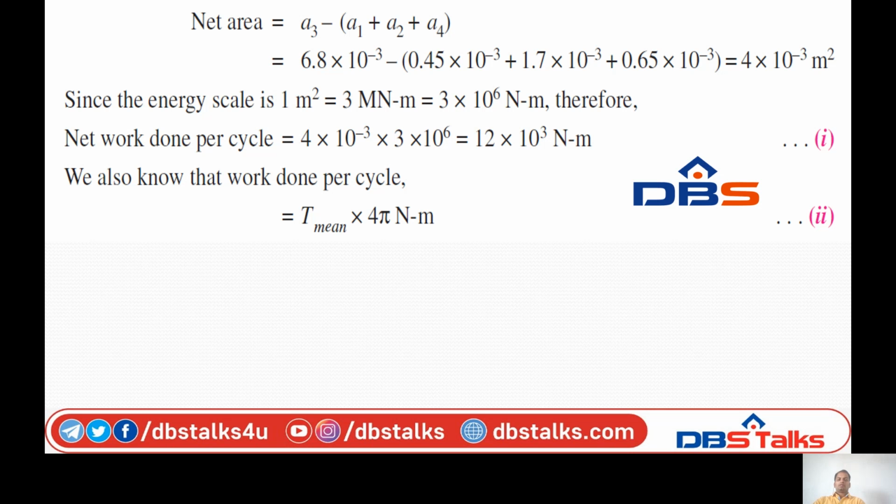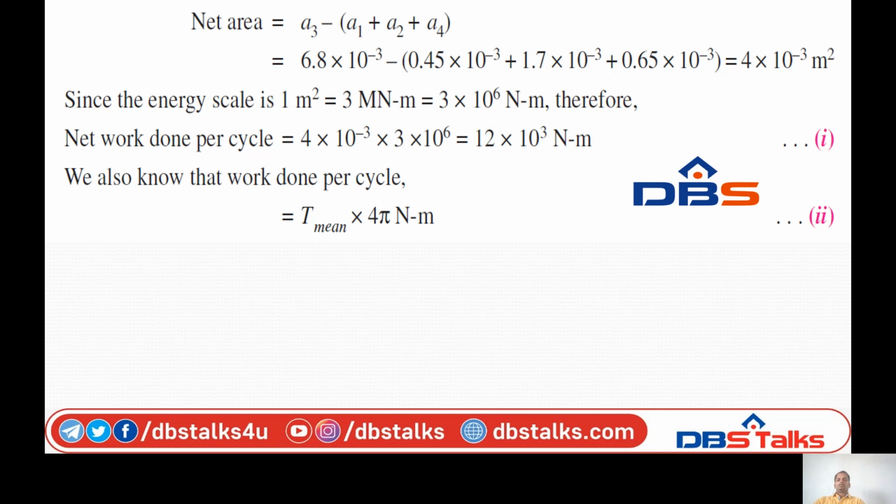Since in the question itself the energy scale is given, 1 meter square is equal to 3 mega newton, and mega means 10 to the power of 6 newton meter. Therefore, substituting, 4 into 10 to the power of minus 3 into 3 into 10 to the power of 6 is 12 into 10 to the power of 3, that is 12,000 newton meter.